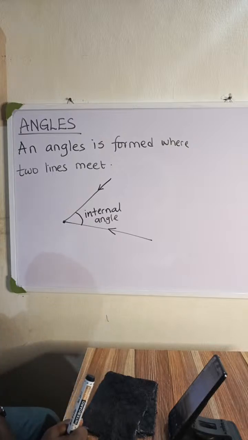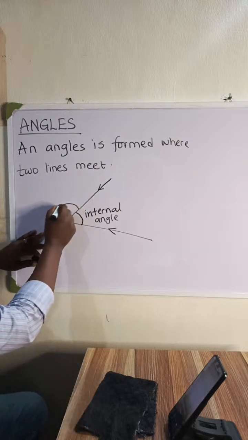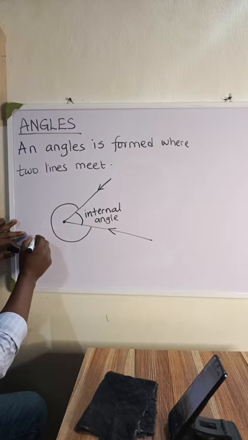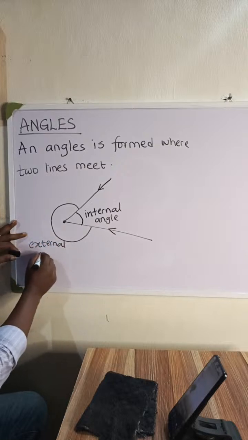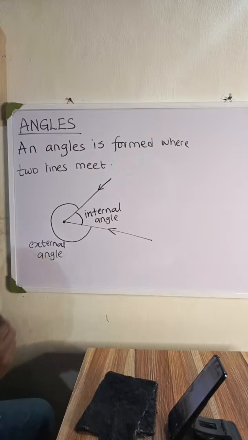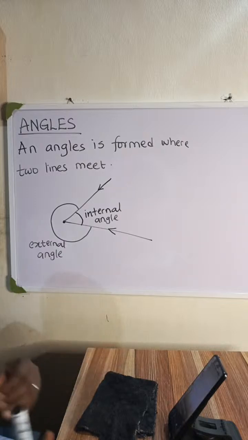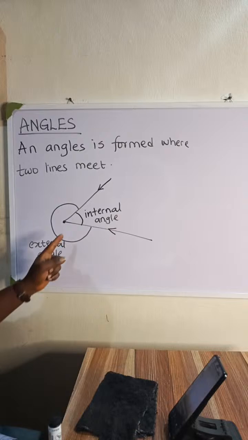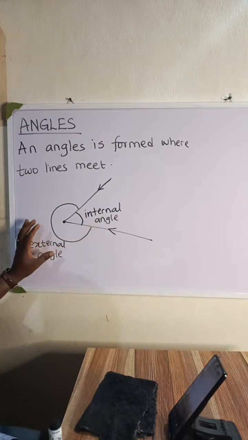But apart from the internal angle, they are going to create another angle outside here, which is the external angle. So at every point where two or more lines meet, you should always ask yourself: do we have an internal angle here? Do we have an external angle here?